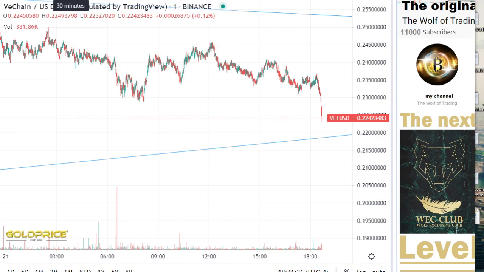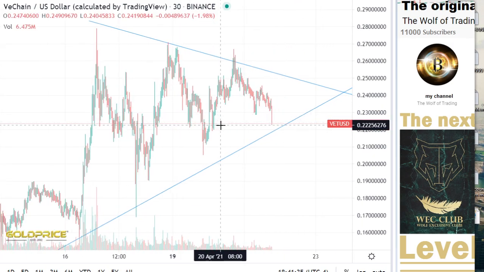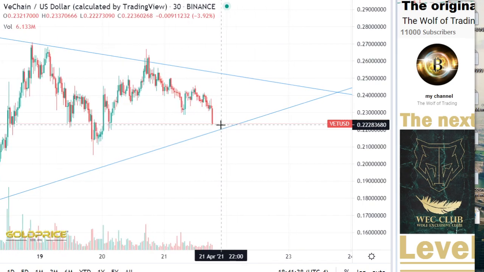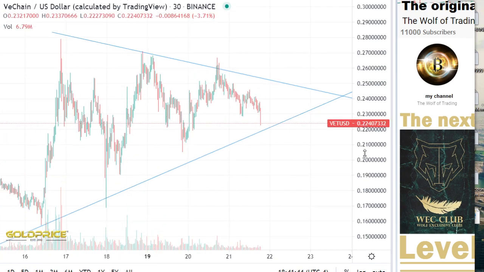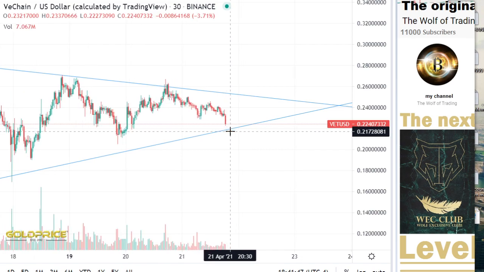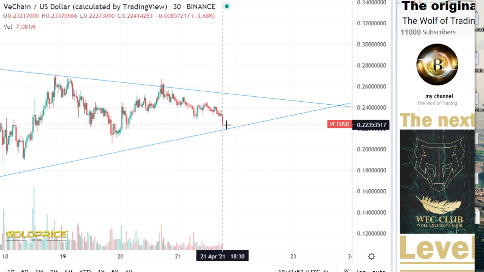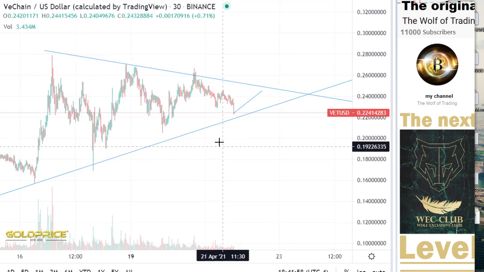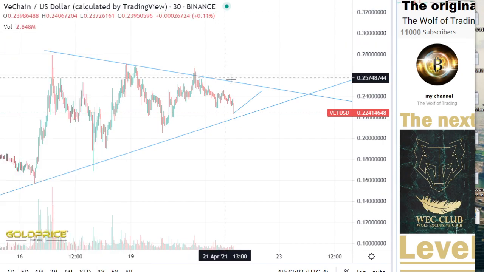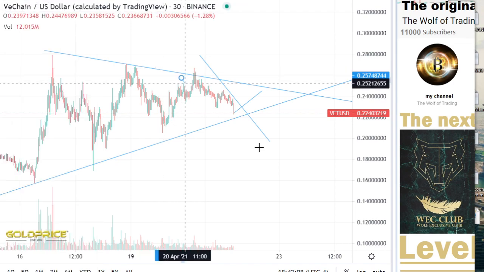Let's look more closely. Last look, and then I can say something. If we have something like that, you see the trend is to the negative side.